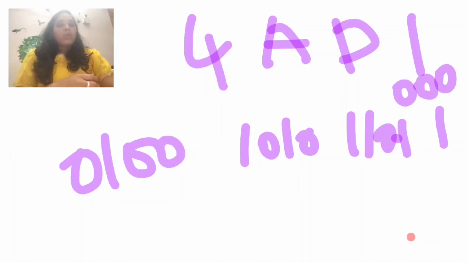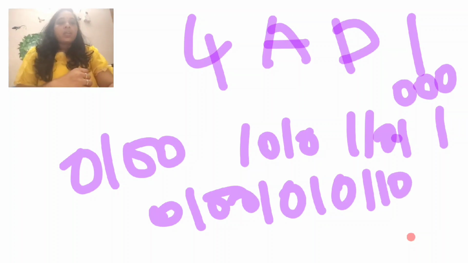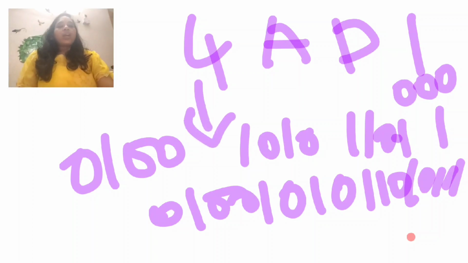Now the binary value is 0100 1010 1101 0001. This is your binary value for this 4AD1.